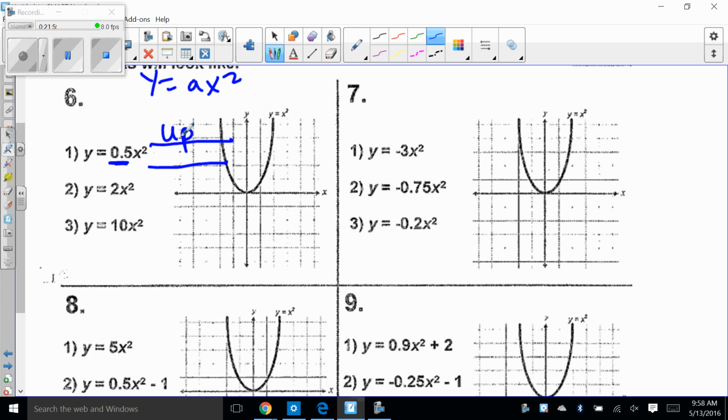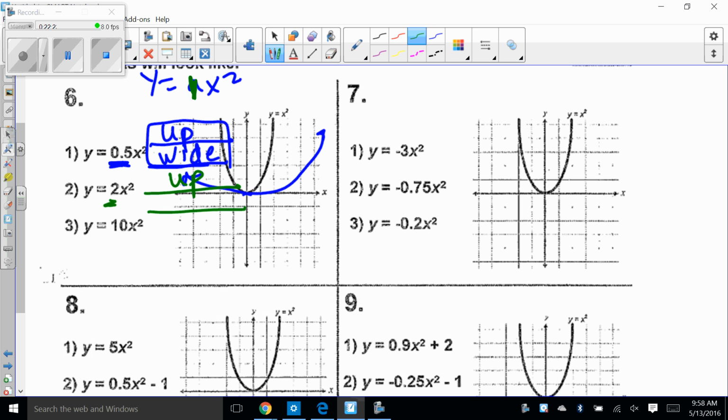Then the next question is, is it wide or narrow? Well, it looks like the a value is starting to approach 0, so that means it's going to get super wide and become almost flat. So there's my two statements about number 1. Number 2, I'm going to change colors here so you can see on my screen. Looking at the a value, it's positive, it opens up. It's getting steeper.